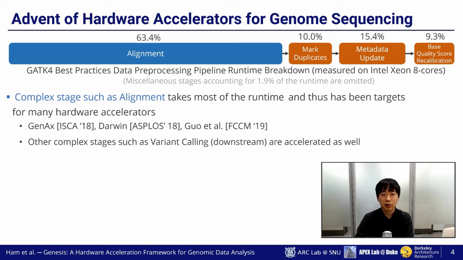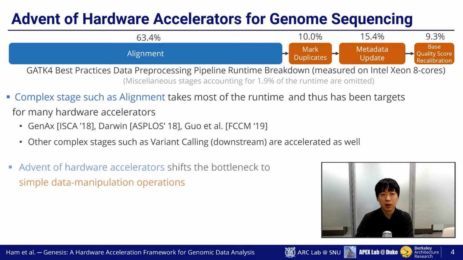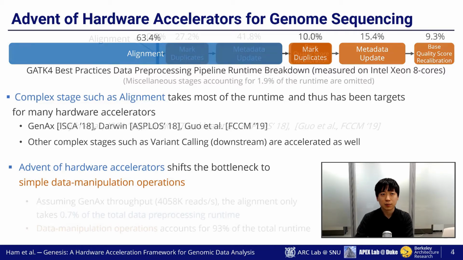And there are many other recent hardware accelerators targeting specific algorithms dominating the runtime in other phases of the genome sequencing pipeline. This advent of hardware accelerators targeting the complex algorithms in the pipeline shifts the bottleneck to the remaining simple data manipulation operations, such as the ones shown in orange boxes.